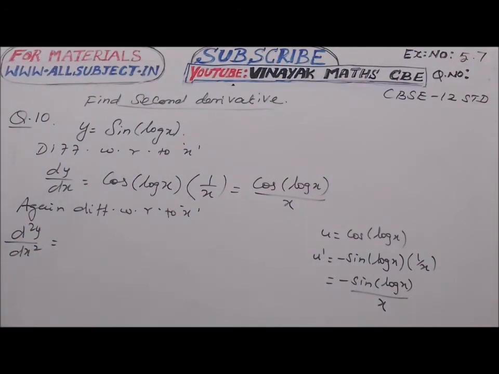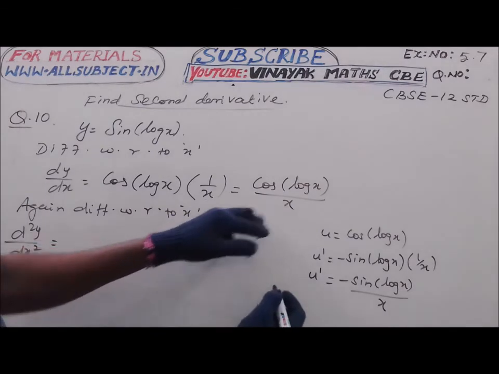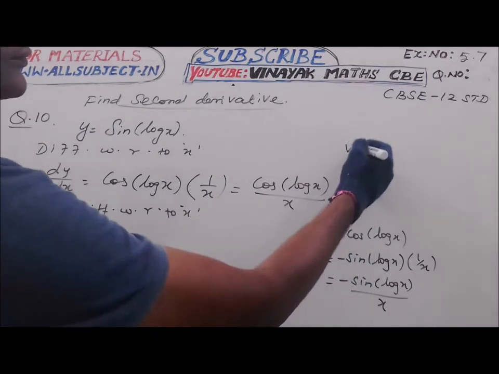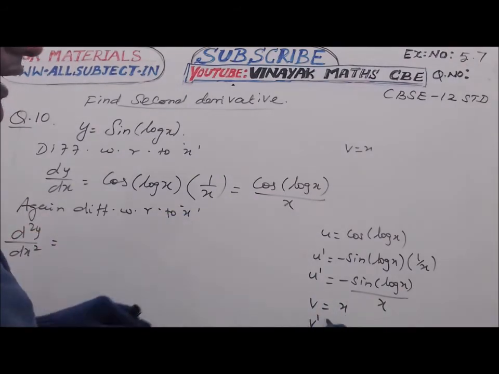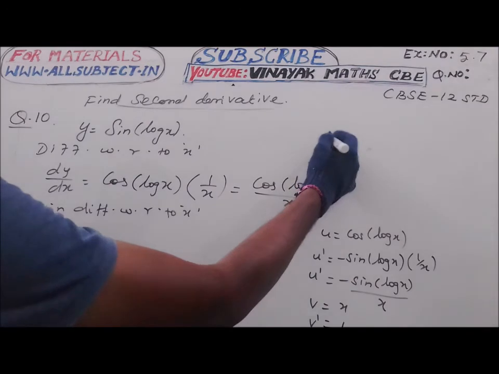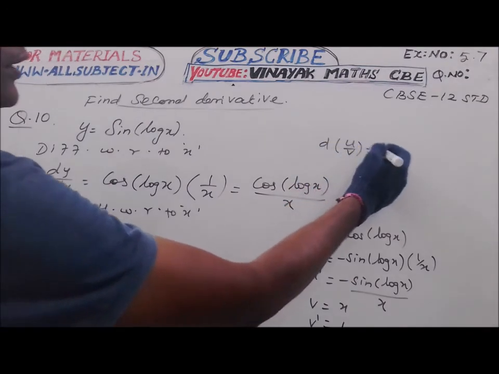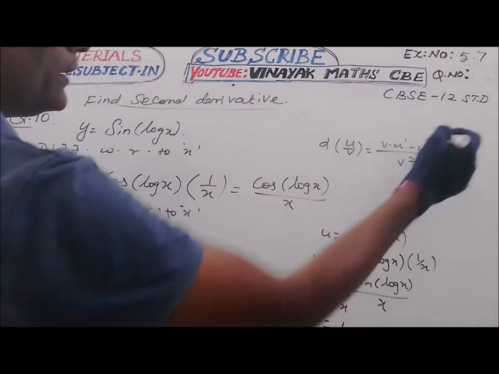And now moving to v. v is x, or you can write here v equal to x and v dash is equal to 1. Substituting in the formula, the derivative of u by v equals (v into u dash minus u into v dash) divided by v square.